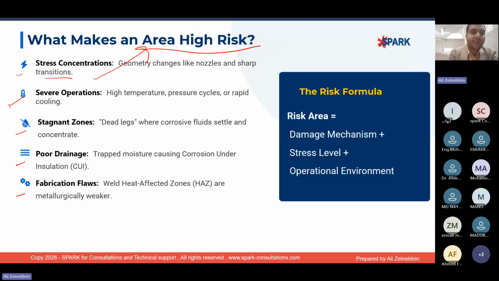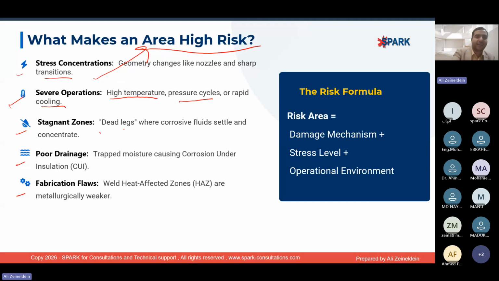What else? Severe operation means high temperature, pressure cycles, or rapid cooling. Okay, this also will classify our facility or this equipment, if exposed to severe operation, as a high risk equipment.